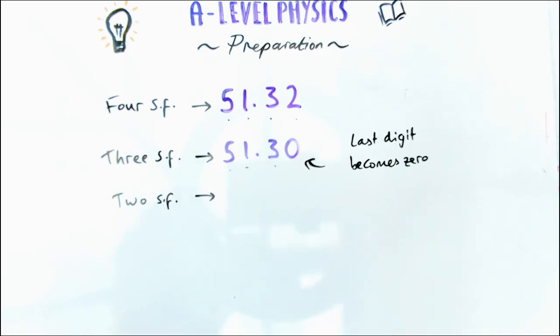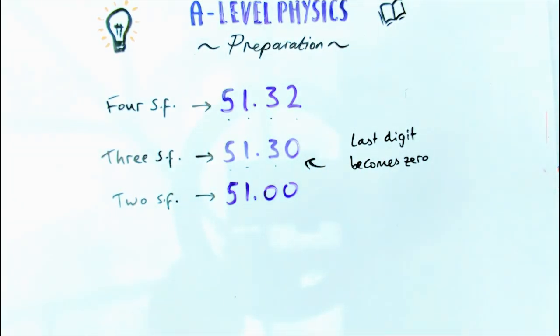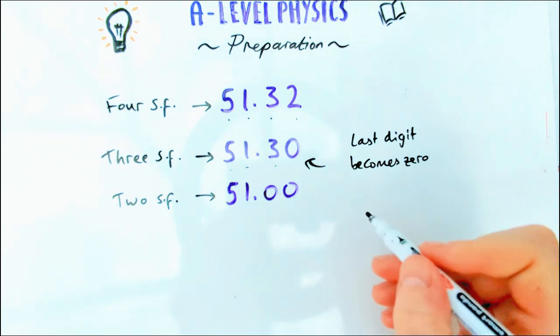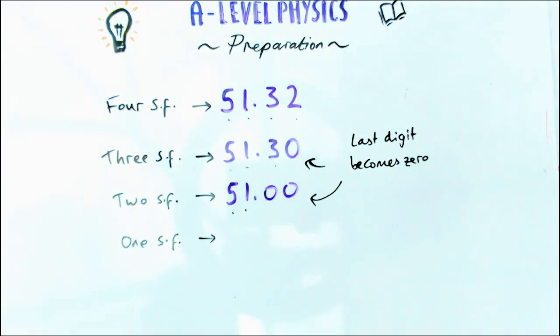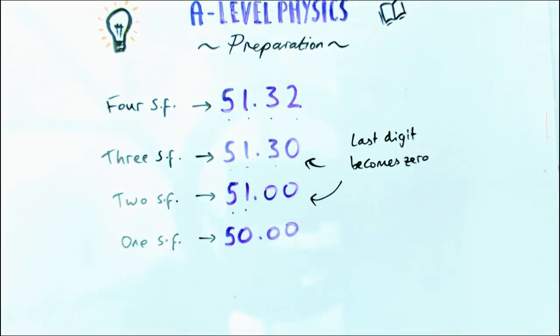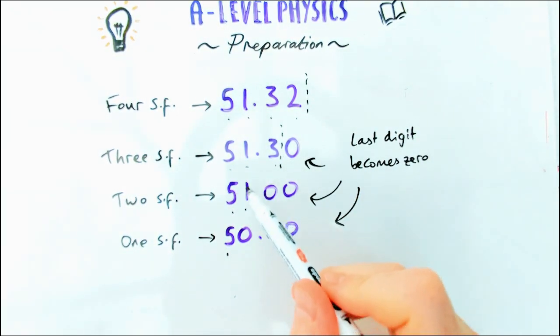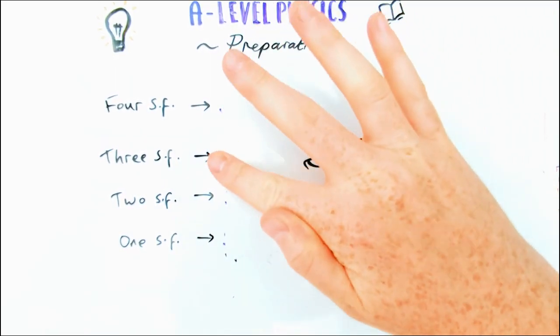If I was to round it to two significant figures, the 3 after the decimal point would also become 0 to leave us with £51. One significant figure would mean that the next digit along, the 1, becomes a 0, so we round it to 50.00. So that's actually what you're doing when you say I've spent £50 instead of £51.32. That's that same number to those different levels of significant figures.